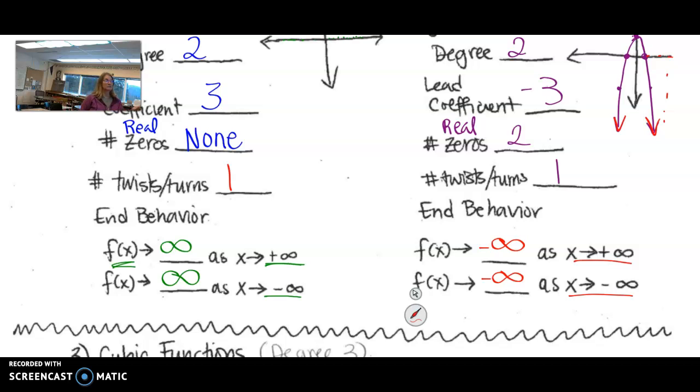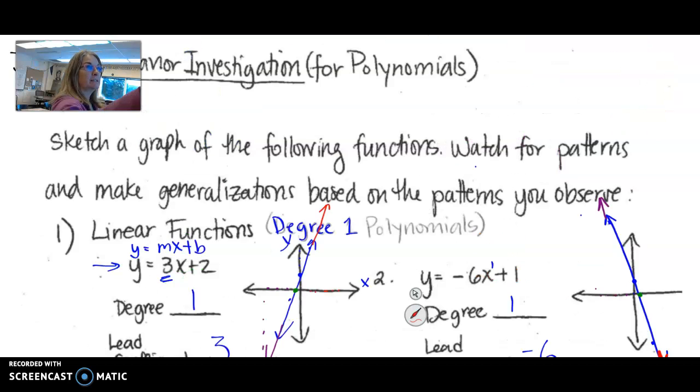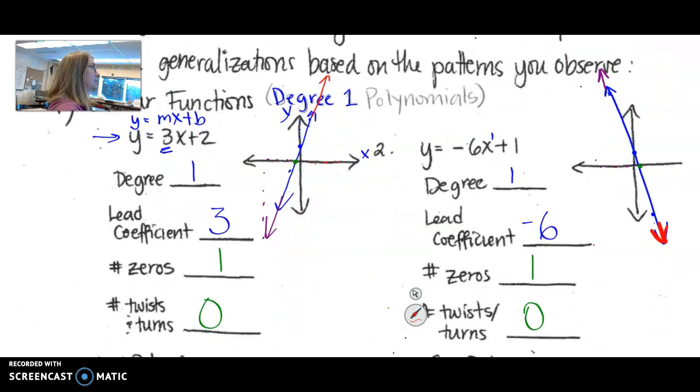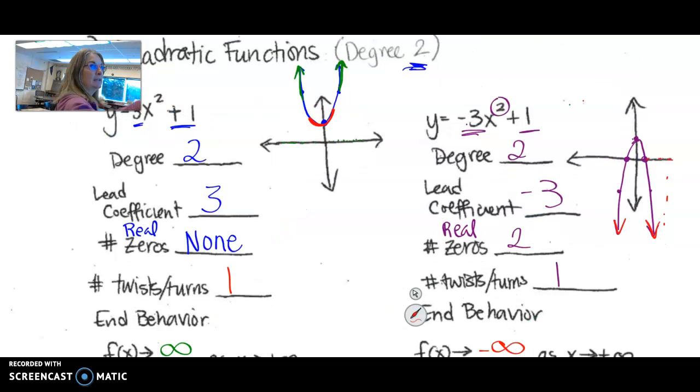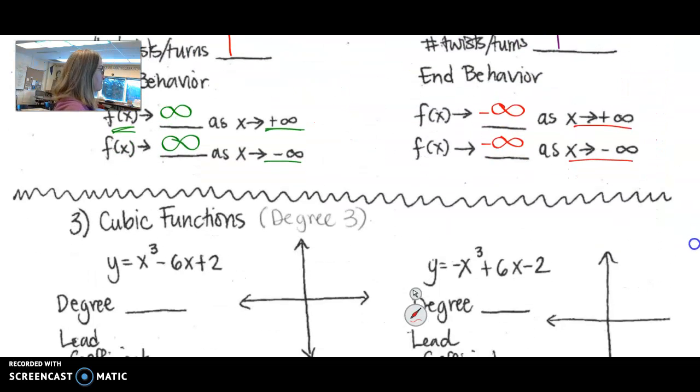So notice, when it was degree 2, the y values were both going to positive infinity or both going to negative infinity. In our previous video, degree 1, one side went to positive infinity and the other side went to negative infinity. So just be paying attention to that, and we'll generalize this as we go.